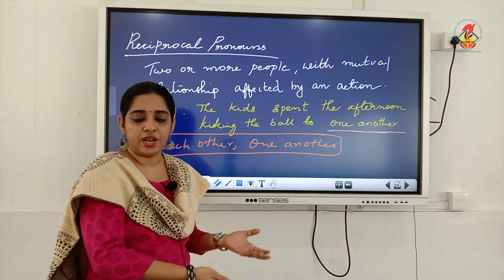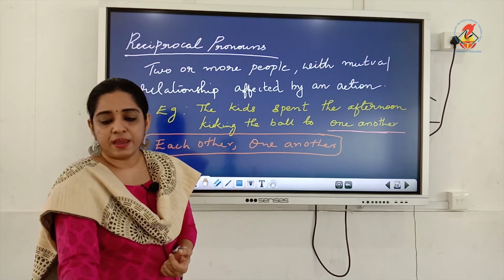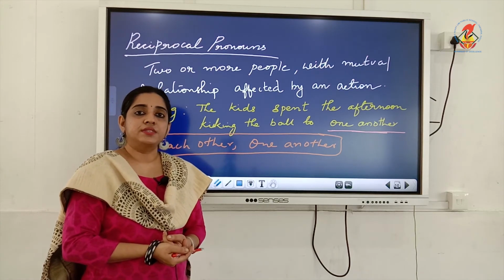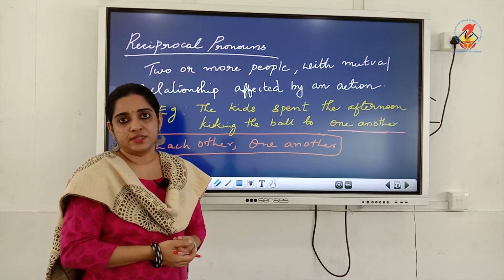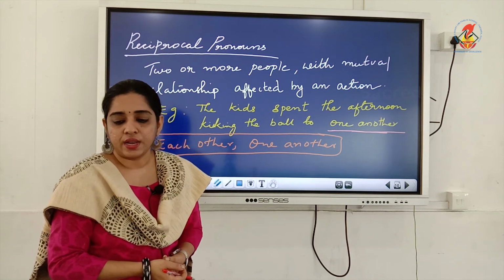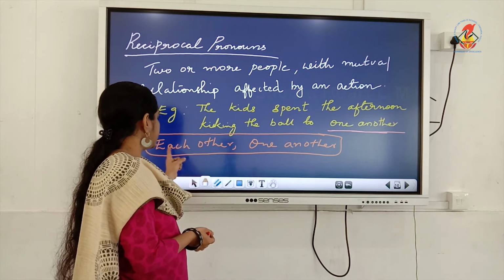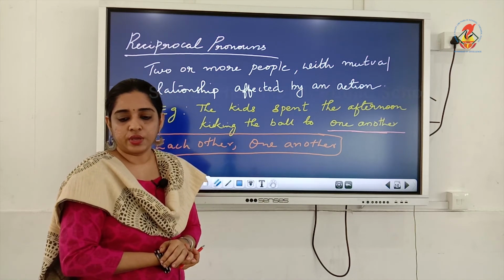Jack is helping Jill and Jill is also helping Jack. Then, all the team members should help one another. One another means you have to give help and support to all the members. That's it, so you use one another. So which are the reciprocal pronouns? Each other, one another. Okay.